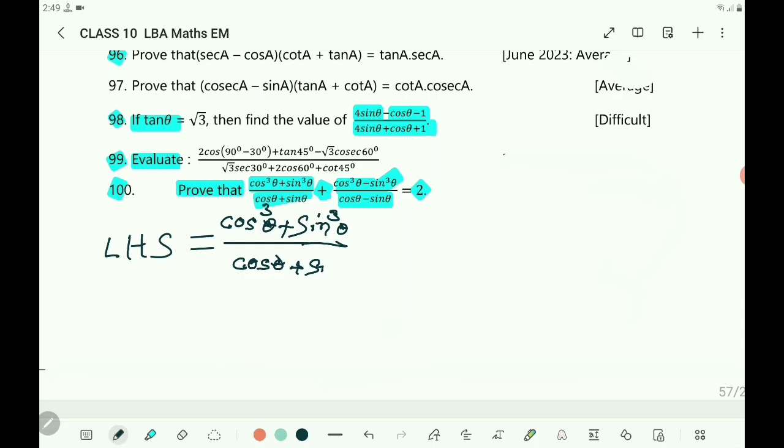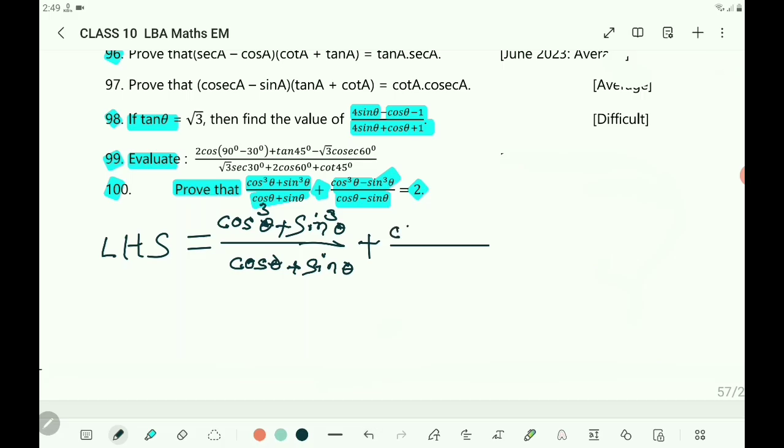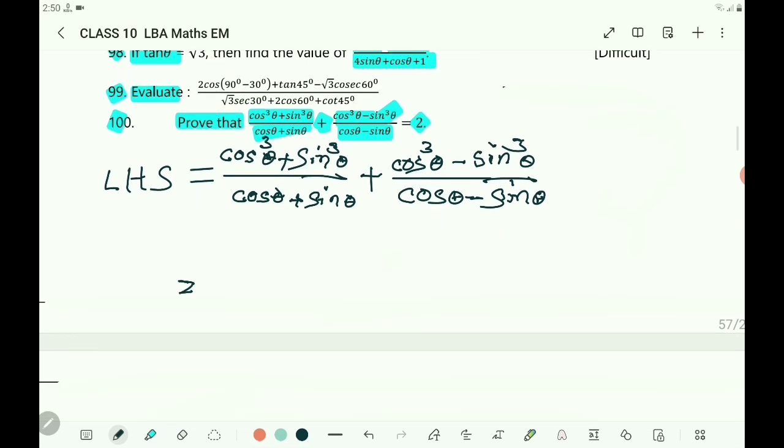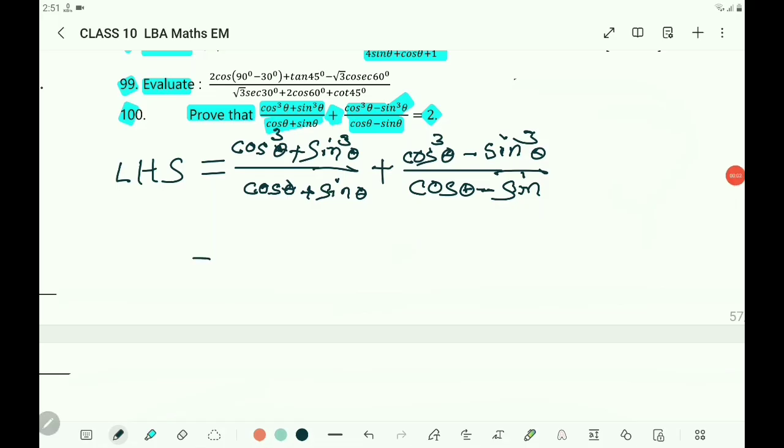plus cos cube theta minus sin cube theta by cos theta minus sin theta equals.